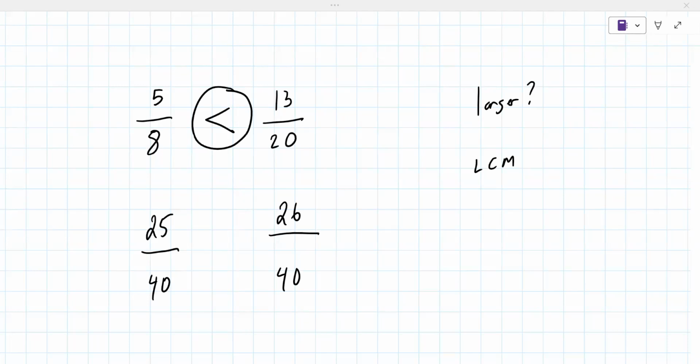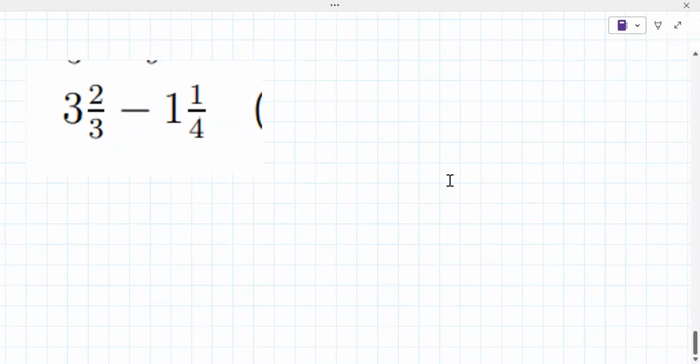Okay. Let me have you do one more here, just to kind of solidify what we've been doing, and then we'll switch. Okay, so give this one a try, please. So 3.